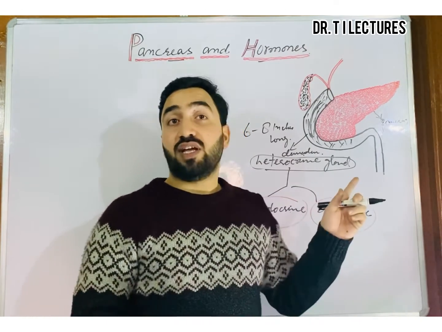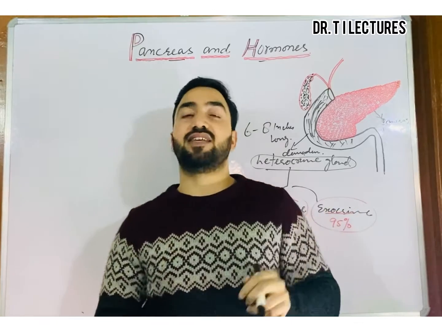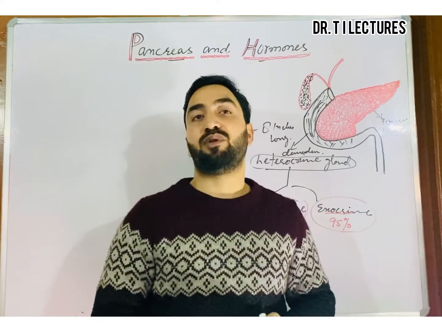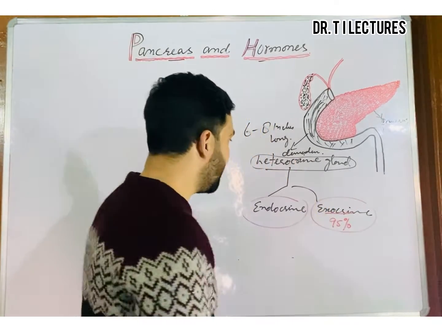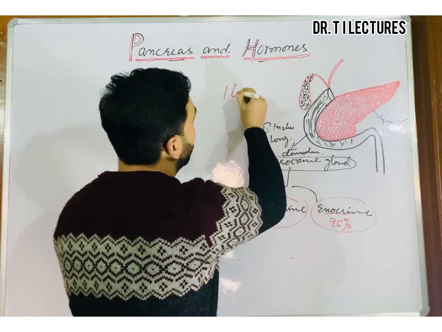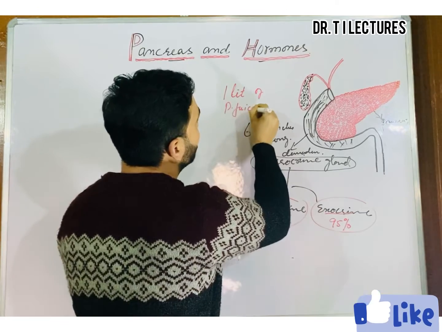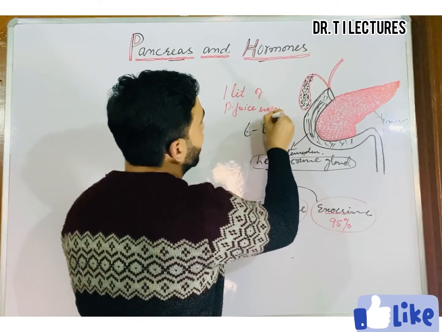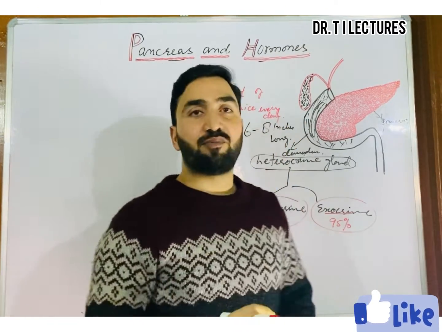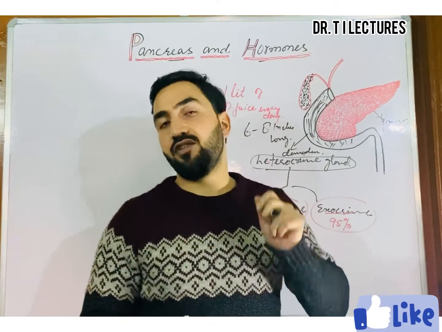The pancreas makes about 1 liter of pancreatic juice every day.